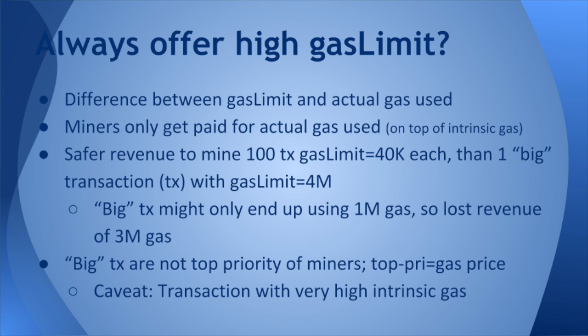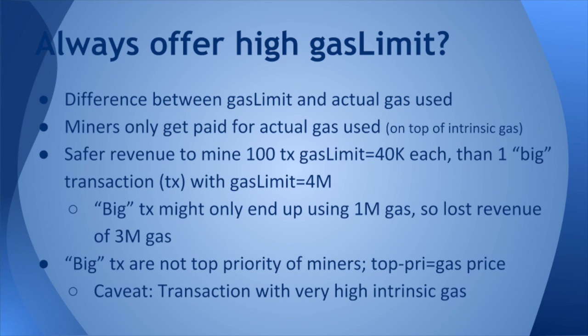Now, there's another subtlety with what I said, because there's intrinsic gas. So if you do offer like 4 million gas and let's say 3.5 million of that is intrinsic gas, then a miner would like that, because it's really only the difference between the intrinsic gas and the gas limit that this slide explains.